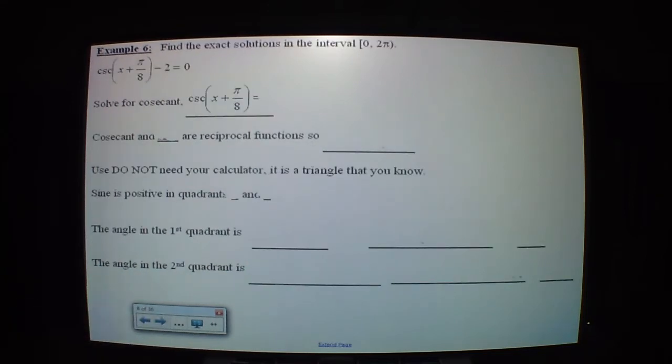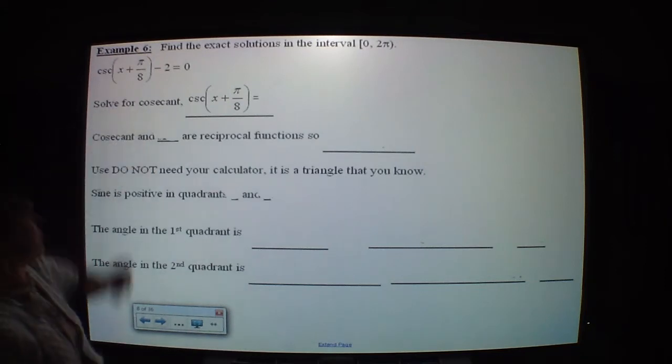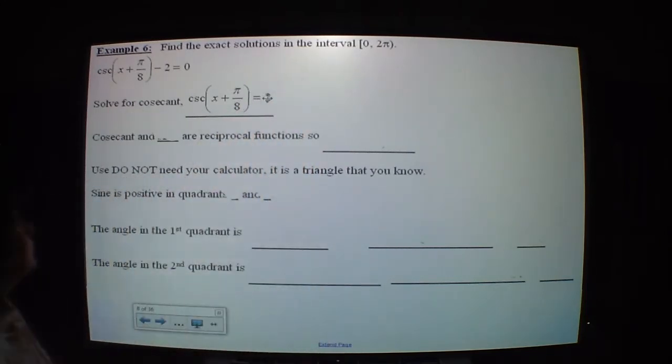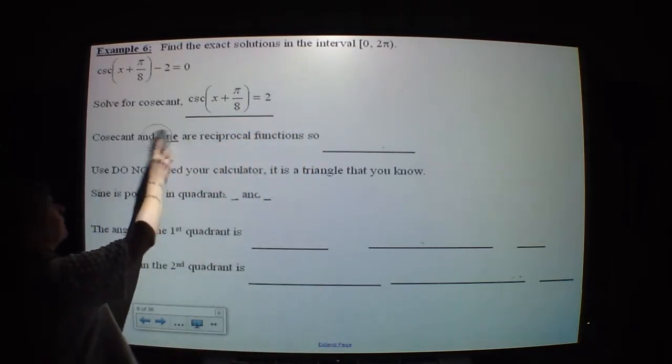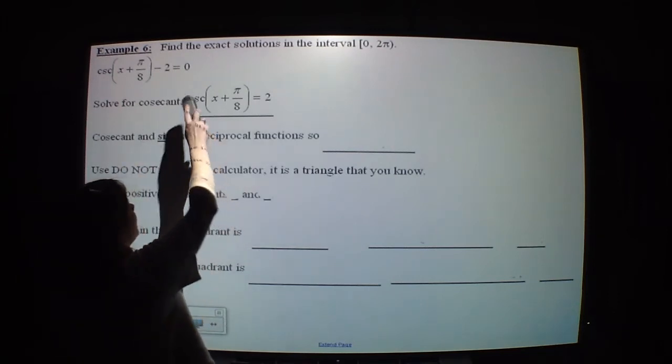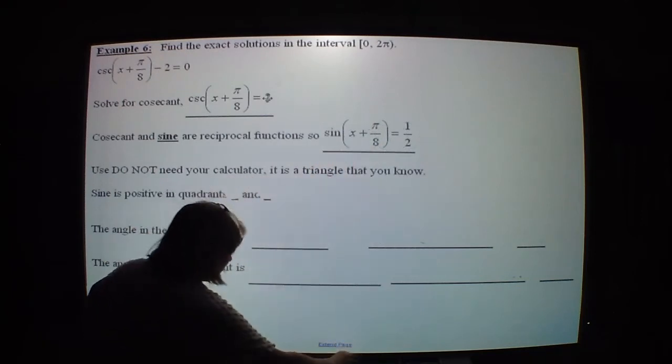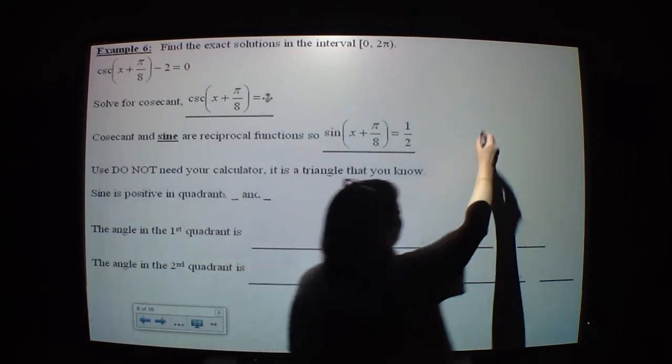Interval from 0 to 2 pi. Solve cosecant. So I add 2 to each side. Remember, cosecant and sine are reciprocal functions. So the sine of this angle is 1/2. And I believe that's an angle I know, so I don't need my calculator for this one.